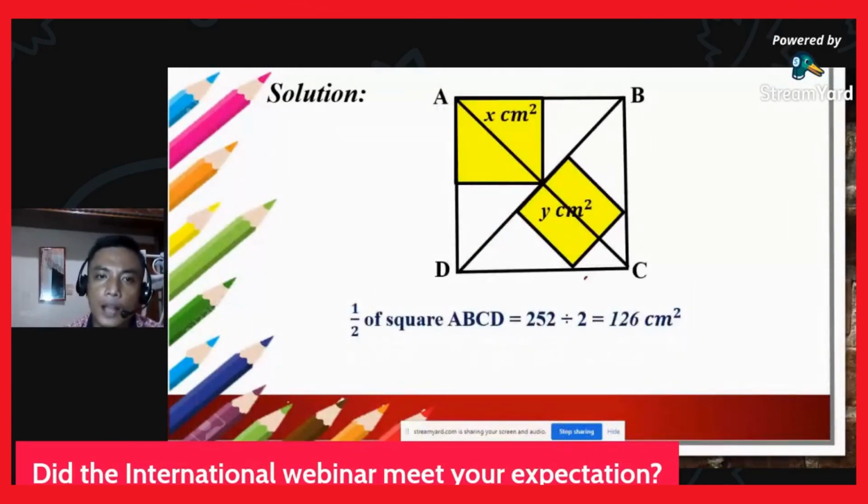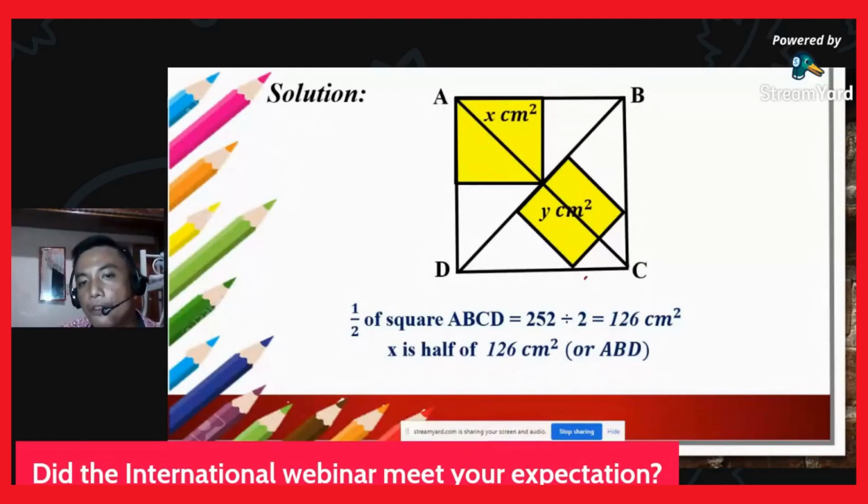We could say that 1/2 of the square ABCD is equal to 252, the area of the square ABCD, divided by 2, which is equal to 126 square centimeters. Therefore, triangle ABD has 126 square centimeters as its area.